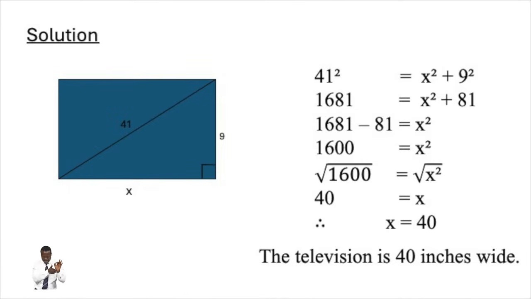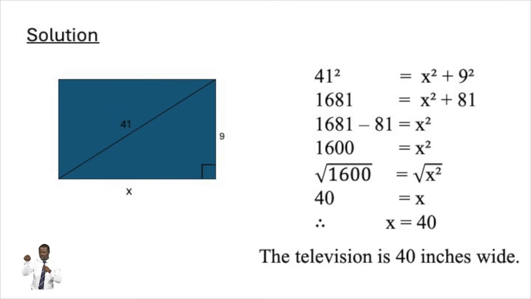From the question, the screen of the television is a rectangle. So as you see from your screens, a rectangle is depicted. One of the properties of a rectangle is that all 4 interior angles measure 90 degrees each.